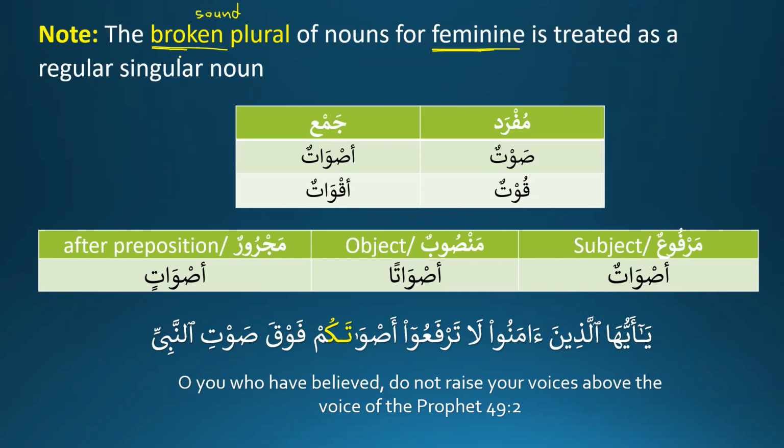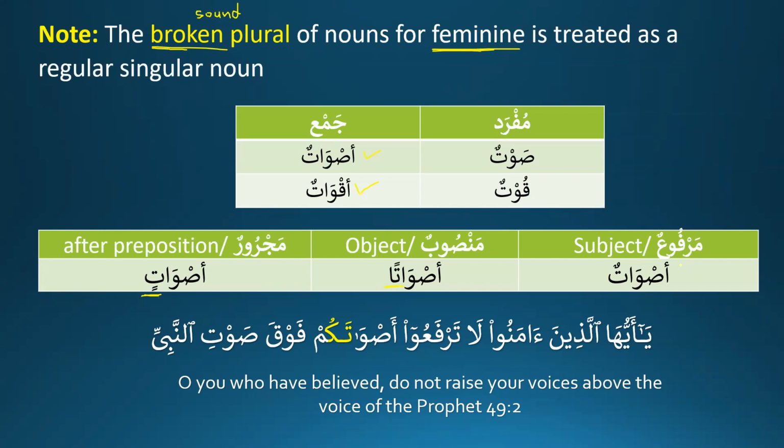In fact, we will deal with it as a regular noun. For example, we have sautun and the plural is aswatun, qutun and the plural is aqwatun, both of them being used in the Quran. We have aswatun when it is marfu', and when it is mansub, it is aswatan, that is, it takes fatha or fathatan, and then we have aswatin like a regular noun.